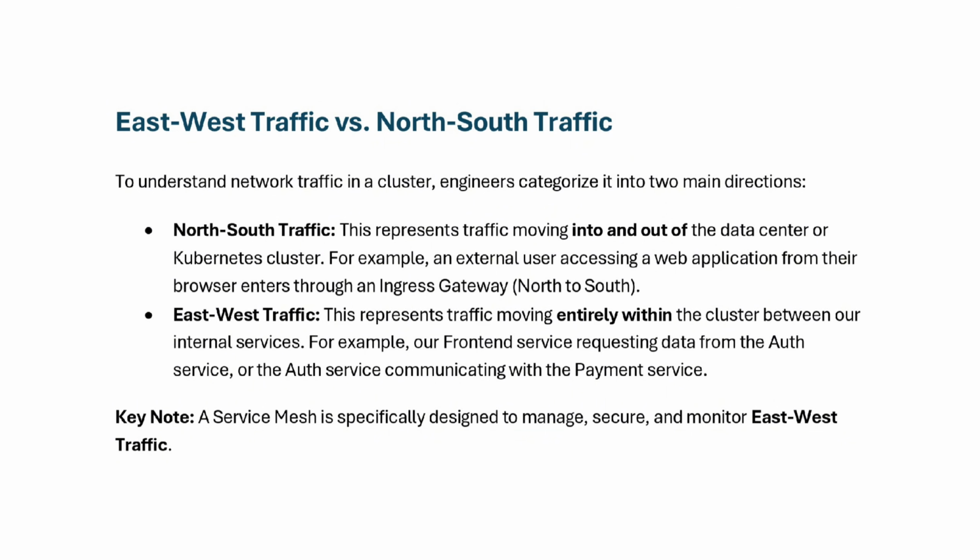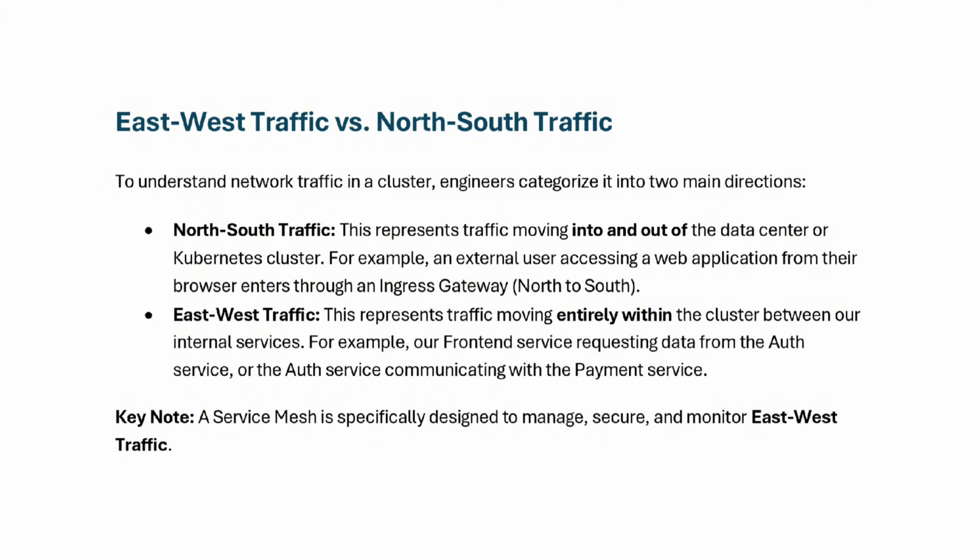Whereas east-west traffic represents traffic moving entirely within the cluster between our internal services. For example, our front-end service requesting data from the authentication service, or the authentication service communicating with the payment service. Key thing to note here is that a service mesh is specifically designed to manage, secure, and monitor east-west traffic.